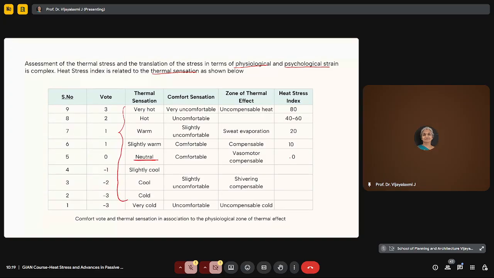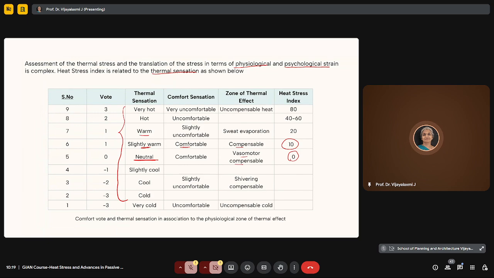Neutral means the heat stress index is considered as 0, and here vasomotor reflexes are compensable. Then slightly warm: even when the thermal sensation is slightly warm, we feel comfortable, or we are able to manage the scenario, and that is between say 10 to 20 heat stress index.